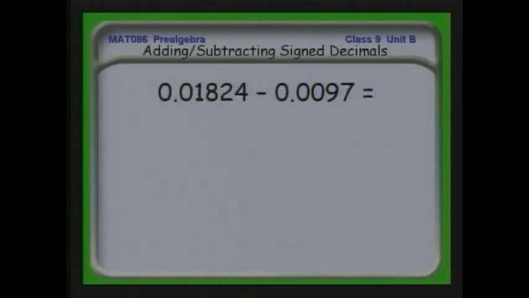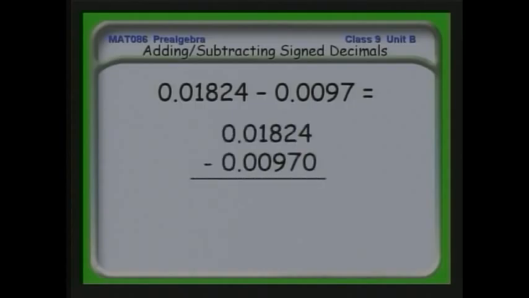Let's look at one more. I have 0.01824 minus 0.0097. In this case, I line up the decimal points. I need to stick in another 0 in the second term that I'm subtracting to make the number of decimal places equivalent, and then I just do the subtraction as if it were a normal subtraction.